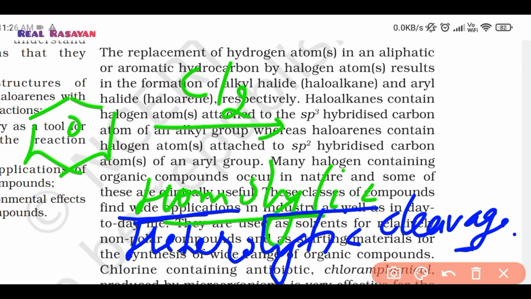Homolytic cleavage involves the breakdown of a covalent bond by equal distribution of electrons. Suppose this covalent bond is formed by the mutual sharing of electrons of the two bonded atoms, and these two bonded atoms are chlorine atoms.